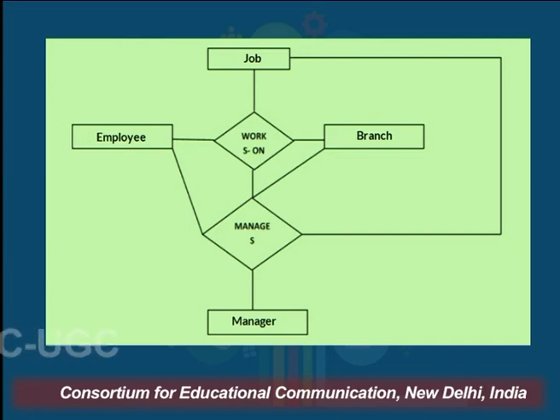It also has the earlier relationship, which was named works on, and that particular relationship had three entities: employee, branch, and manager.